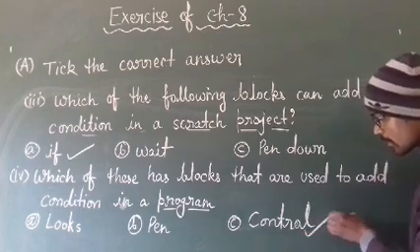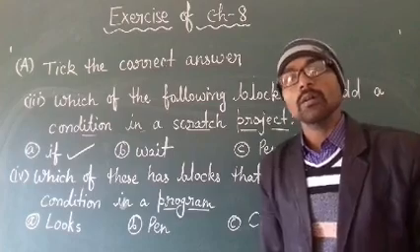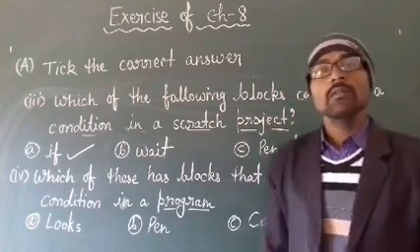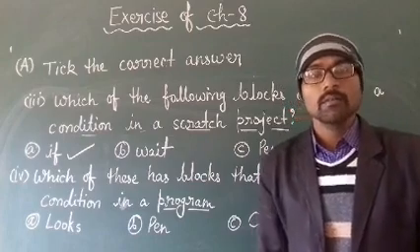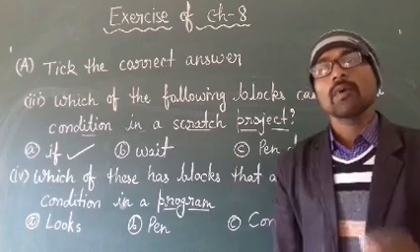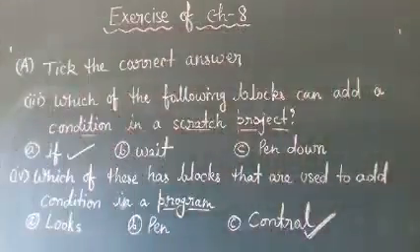Dear student, the right answer of this question is control block. Control block is used to add condition in a program. Clear? Now come to the next question, that is question number 5. Okay, let me erase this.